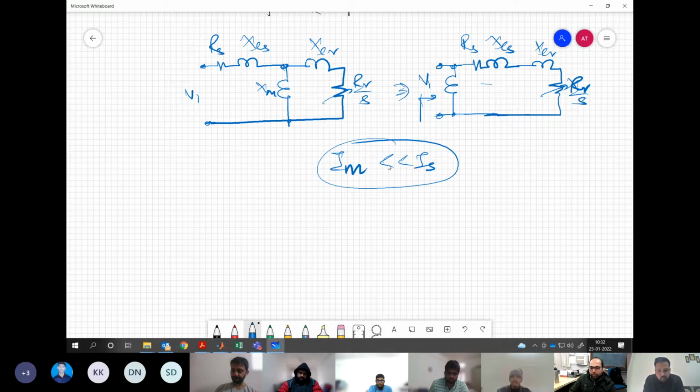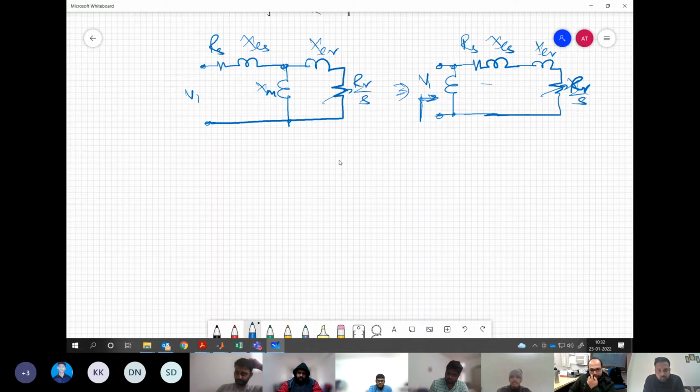Okay, I'll give you a chance to think a little bit more about it. But if we talk about the approximation validity in general, when we have induction motors, there may be different power levels, right? So if I categorize three power levels, let's say low power motor, I'm talking about say 5 horsepower or something like that.